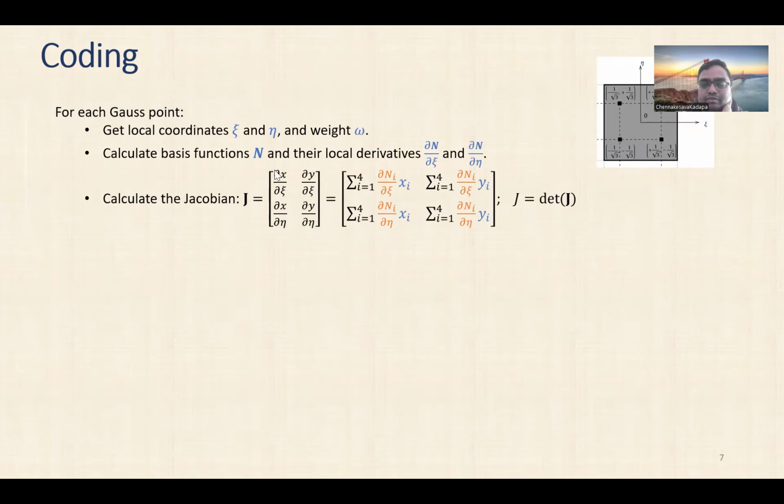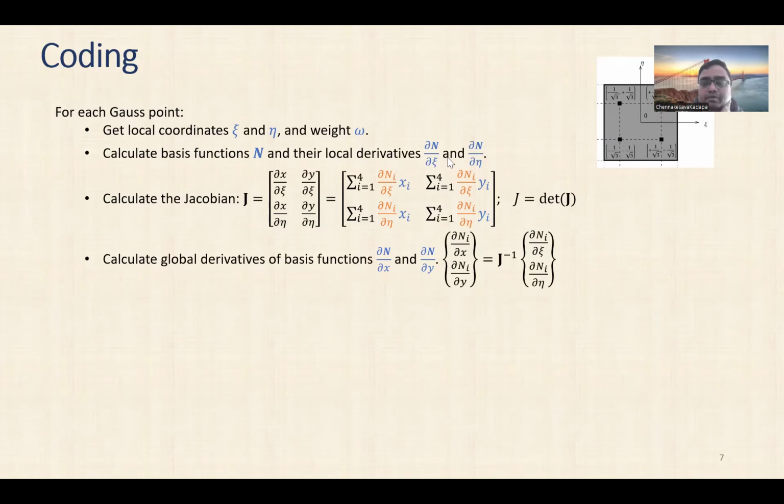Once we know the Jacobian matrix, we can find its determinant. Once we know J, and by this point we already know dou N by dou xi, dou N by dou eta, we can find the derivatives with respect to the physical coordinates x and y.